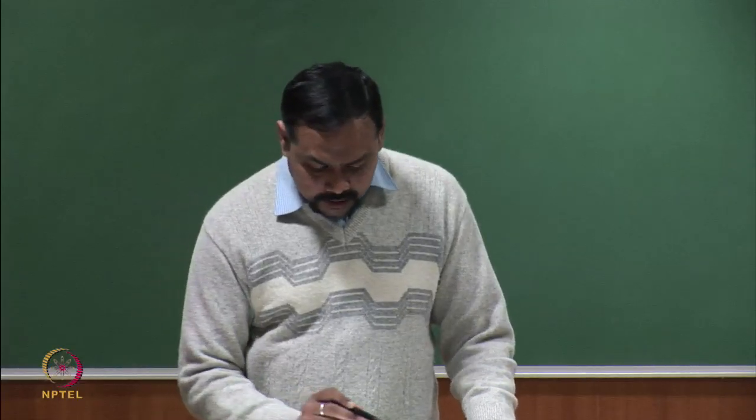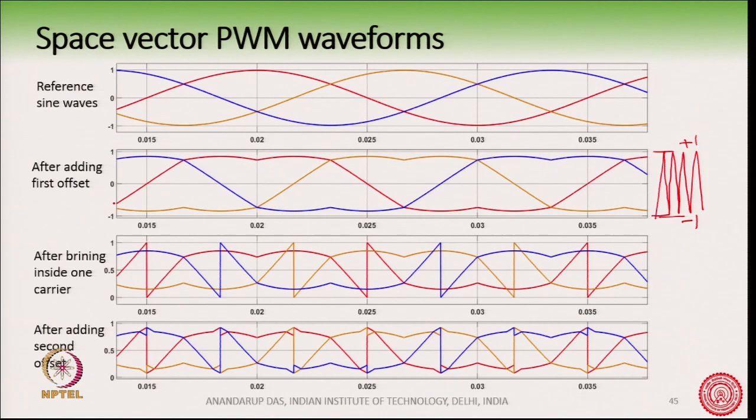You can see that after adding the first offset, we get a margin here. Okay. This is the additional space. The modulation index here is almost close to 1, in fact, I think it was 0.98 or something like that. So, here we get this extra margin, which we have seen is the benefit of having space vector PWM, and this margin is almost close to 15%, right. That is why we get 15% more out of the space vector PWM.